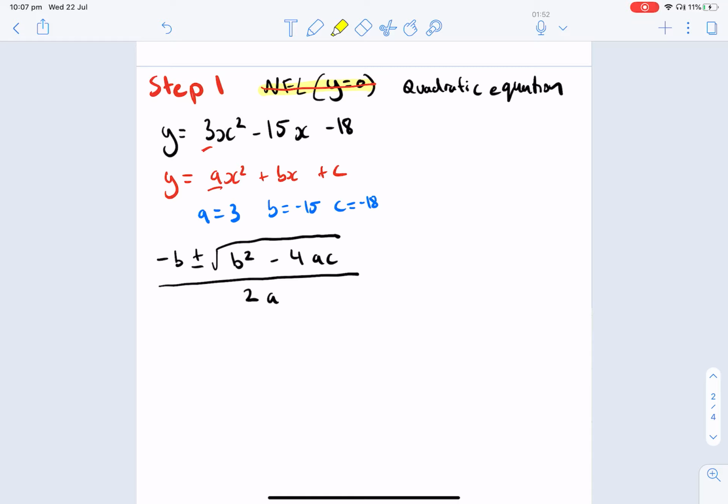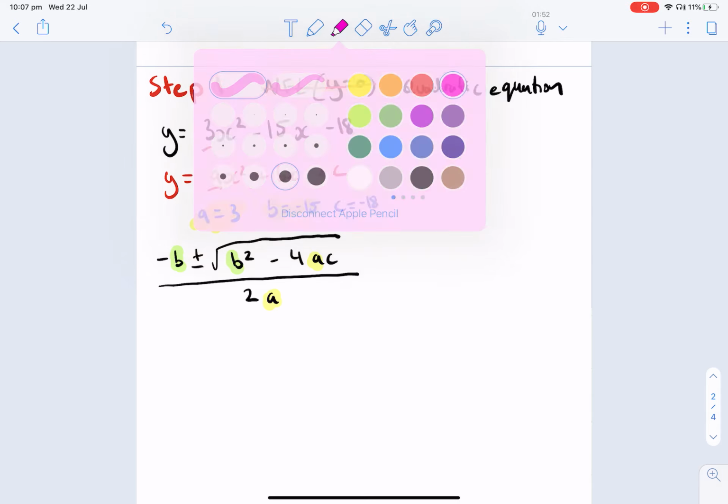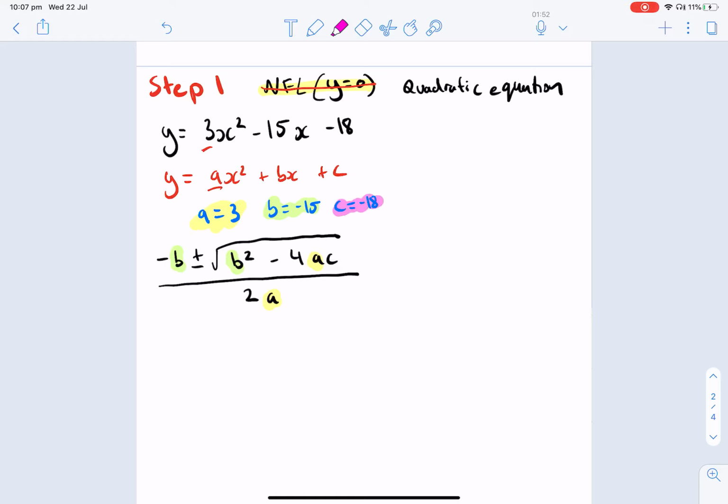So first step, guys, we're just subbing in. We've got an a value here, put that into there. Got a b value here, I'm just going to sub that into the formula. And we've got a c value here, which we'll sub in there.